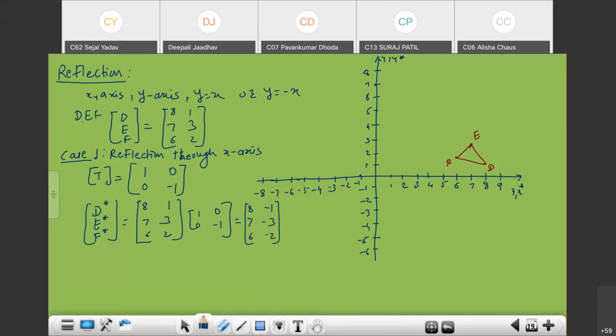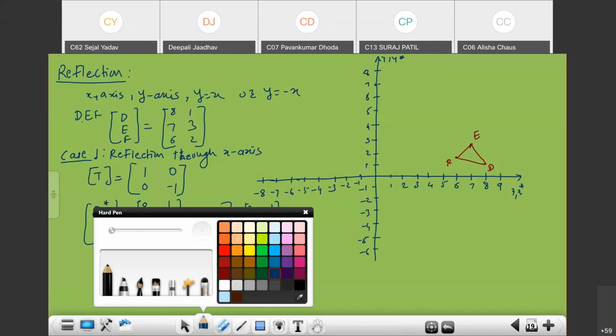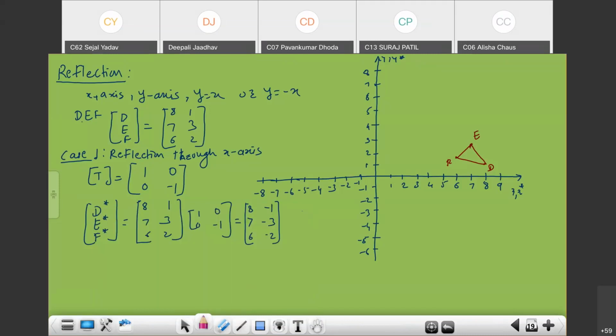Draw this triangle here. What is this? D star, E star and F star: 8 minus 1, that is D star. Then 7 minus 3, that is E star.